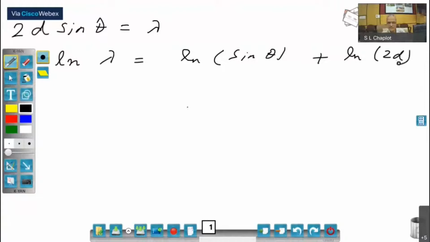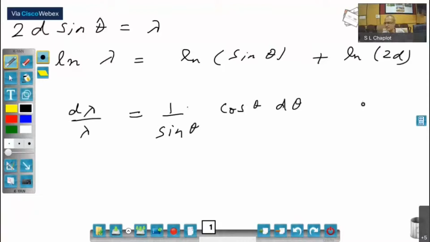If I differentiate it now, d lambda over lambda will be equal to one by sine theta into cos theta d theta, and that is 0 because that is a fixed wavelength.